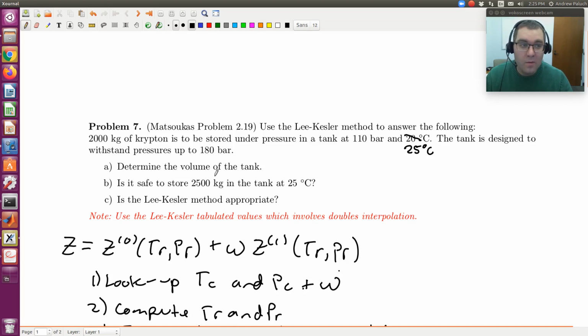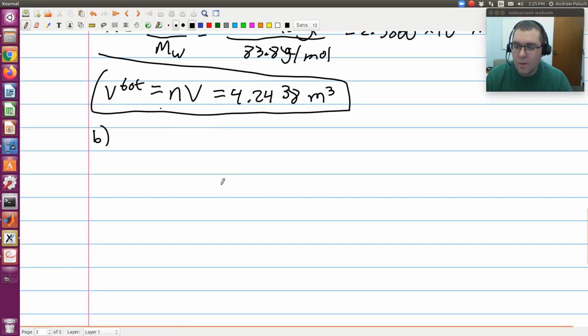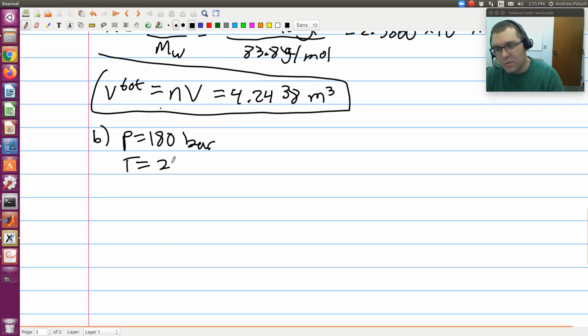Otherwise, we'd be iterating in our tables. So in B, our pressure is 180 bars, our temperature is 25 degrees C. I apologize, I goofed this up in the first one, but it's just an example problem. So that's 298.15 Kelvin.